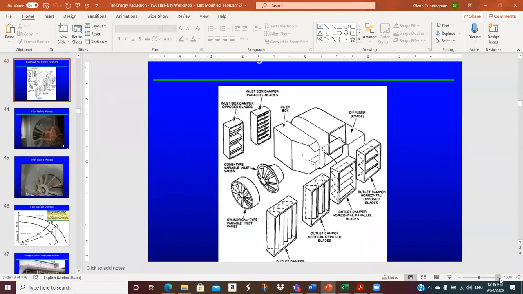Okay, well, this shows a centrifugal type fan, and I've got some better pictures here. I'll show you in a minute, but this kind of illustrates.